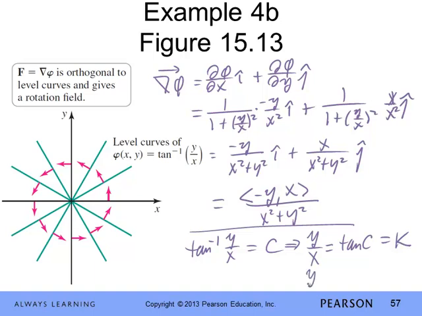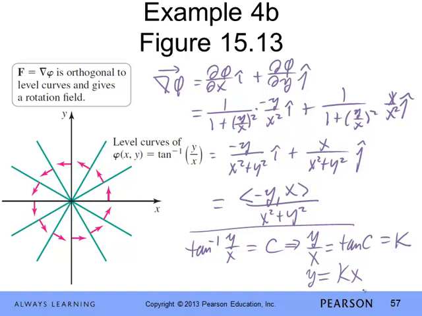So y is equal to some constant times x. Depending on c, which determines k, we just have some line that goes through the origin with slope k.